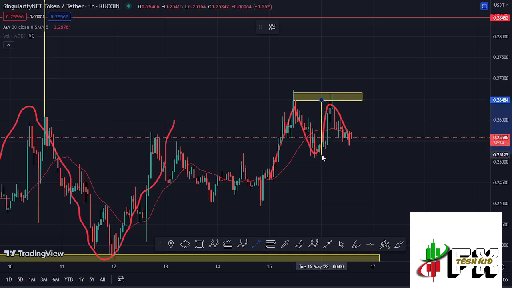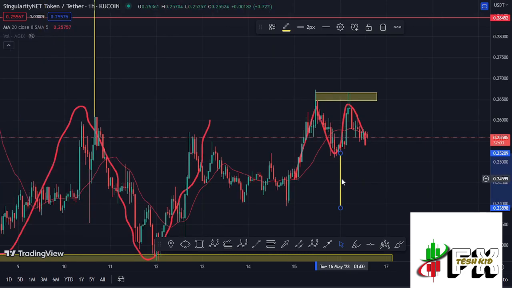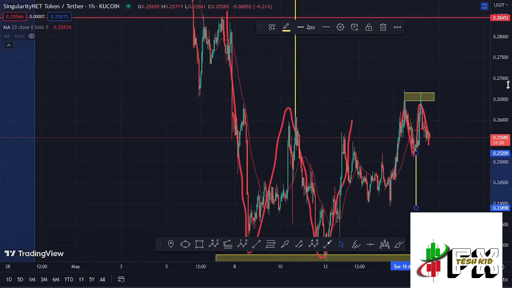We can get that height, then place it below the neckline, giving me a minimum target area at around the $0.23889 mark. And that is the minimum that we can expect AGIX to do here in the short-term scenarios, that is the breakout of these chart patterns to the lower side. Those are my breakdown targets here on the AGIX chart.